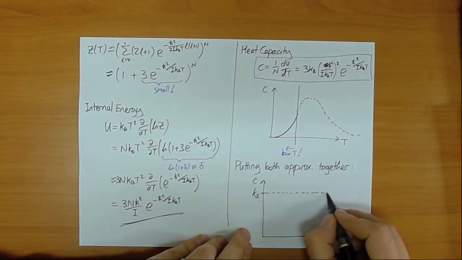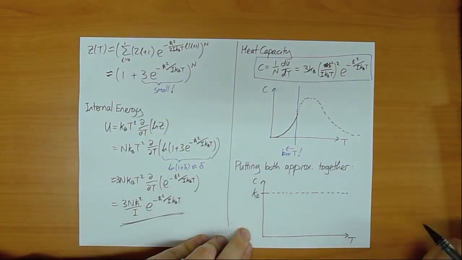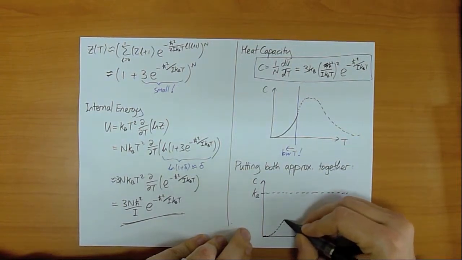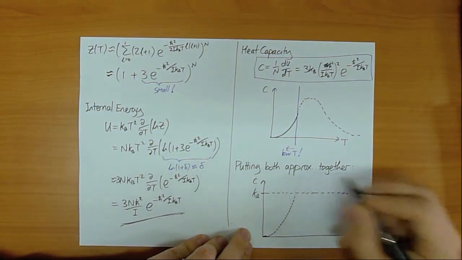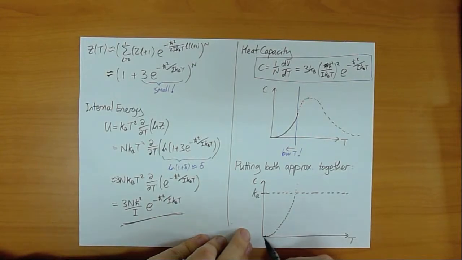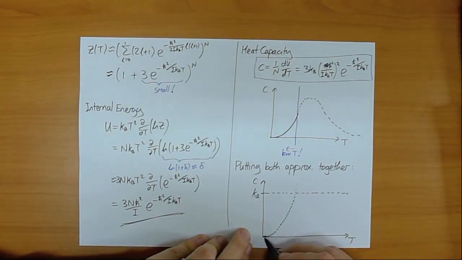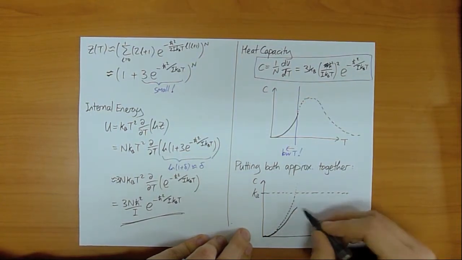That was the result of the high temperature approximation. And we know that for low temperatures the function is exponentially suppressed and then rises up something like this. So at low temperatures it looks like this, at high temperatures it looks like this, and if you join those two things together you will end up with a graph looking something like this.